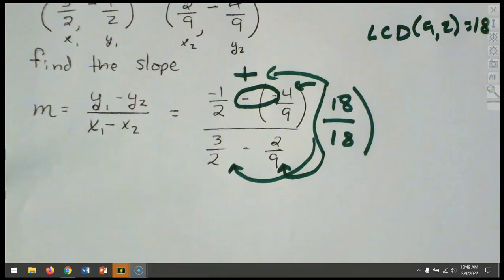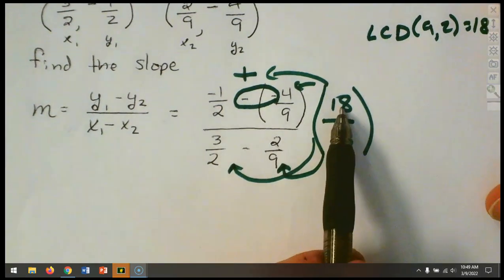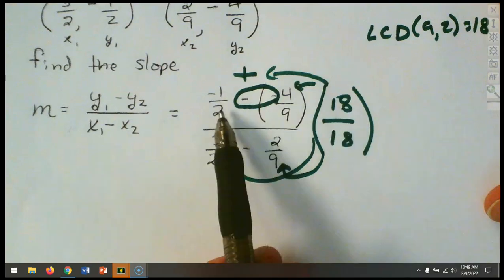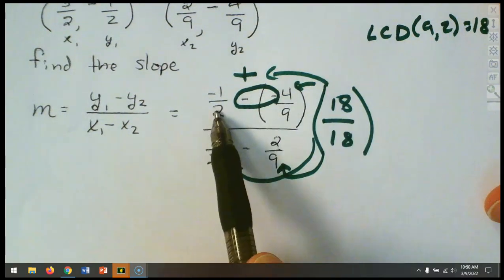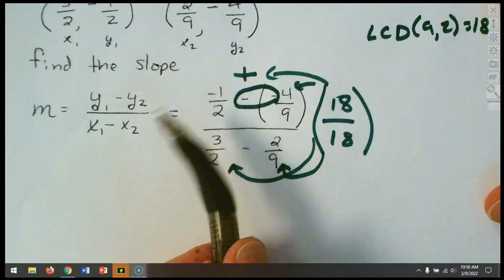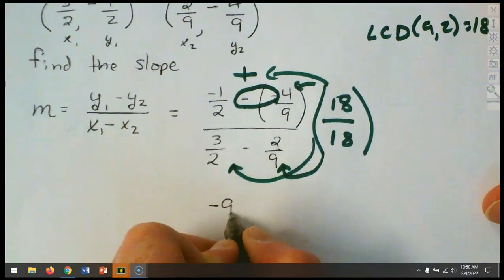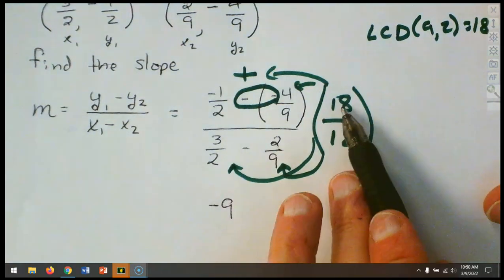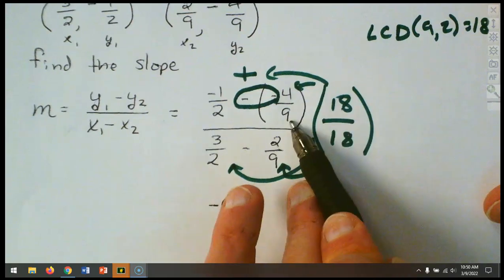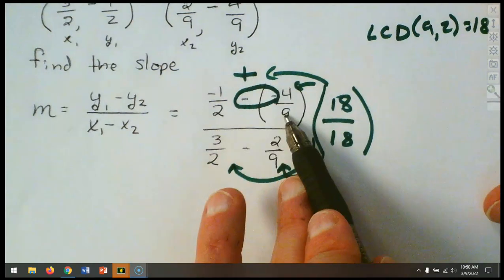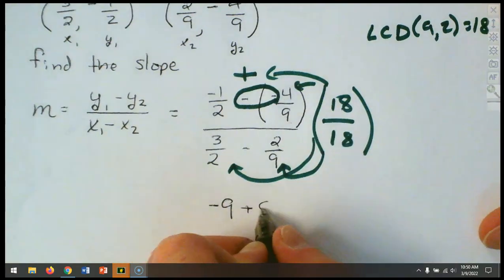So let's see what we've got. 18 for our first one, divided by 2. Well, 18 divided by 2 is 9. 9 times a negative 1 makes it negative 9. 18 divided by 9 is 2, and this is positive. 2 times 4 is 8.